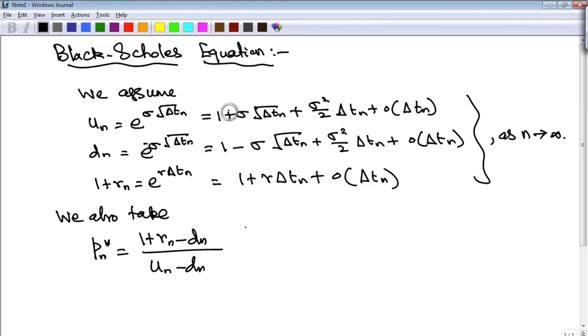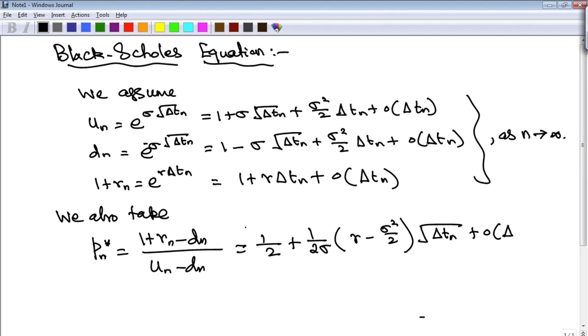If you put all these expressions into this, you will finally get 1 by 2 plus 1 by 2 sigma into r minus sigma square by 2 root delta tn plus small o of root delta tn as n tends to infinity. So these are the basic parameters that are written in the Taylor expansion.